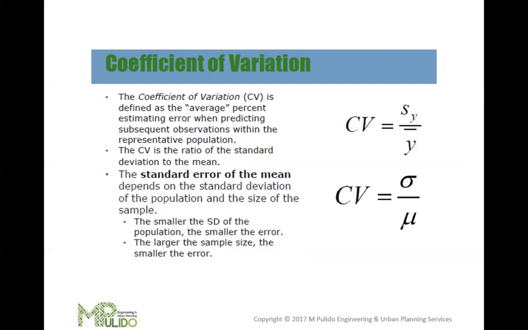Standard error of the mean here depends on the standard deviation of the population and the size of the sample. So the SEM, or the standard error of the mean, I think I mentioned already that it depends on the standard deviation of the population and the size of the sample. So it is calculated as SEM equals rho divided by the square root of n, where rho is the population standard deviation and n is the sample size.